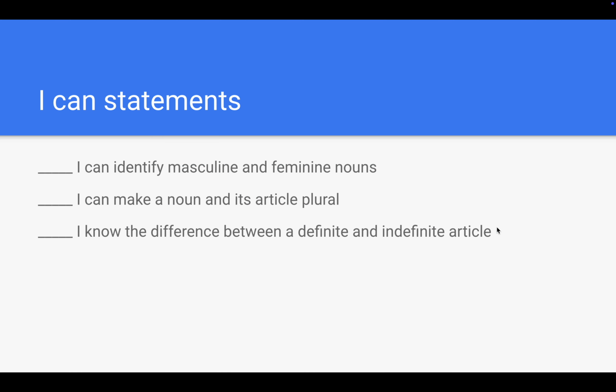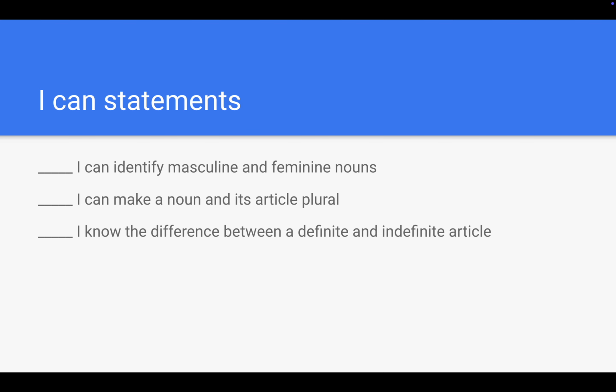When you come across these statements at the beginning of my notes, these are not something you have to write down, but they are good things to go back to and make sure that you can check off each of these, especially when you are studying for a test or just at the end of a video, to make sure, yep, I can do these things, we're good. So if you can go down this list and say at the end of this, yep, I can tell the difference between a masculine and feminine noun, or I can identify that noun as masculine and that noun as feminine.